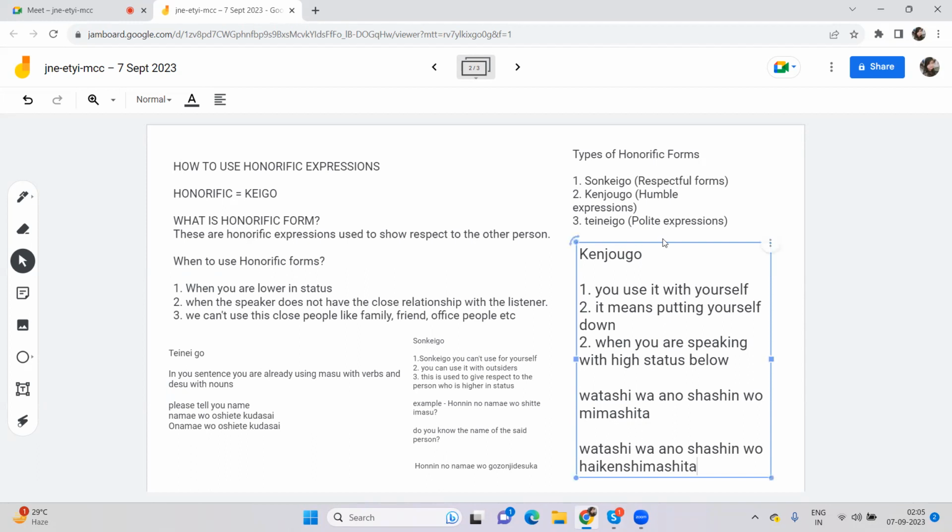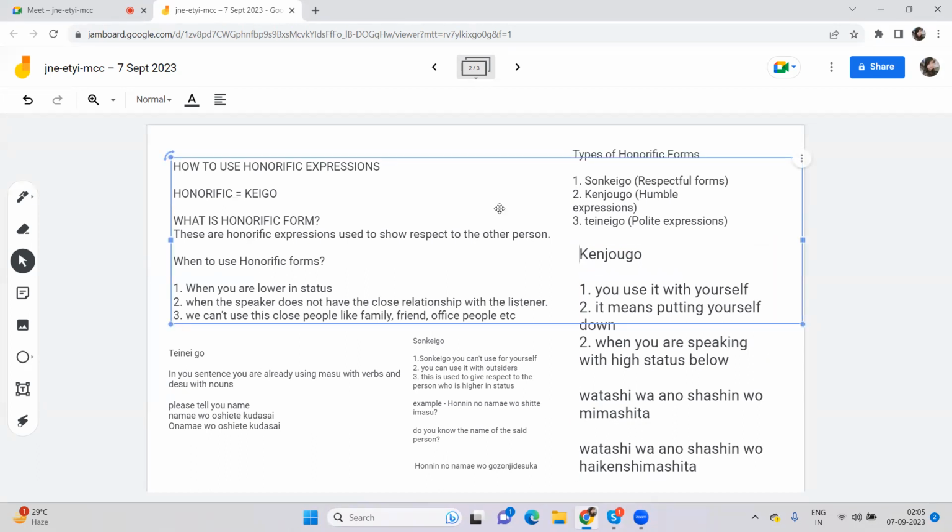So guys, the funda is very simple. Keigo is divided into three parts: sonkeigo, kenjougo, teinego. Sonkeigo, you are putting the other person up. Kenjougo, you are putting yourself down. Teine means making the sentence polite. In all the forms, you are giving respect to the other person.